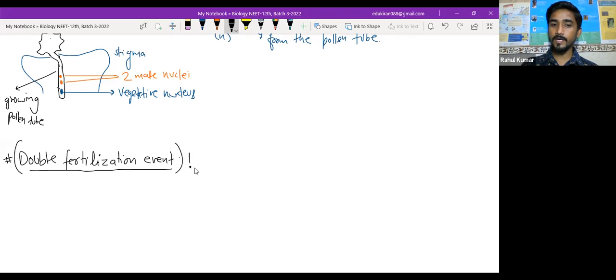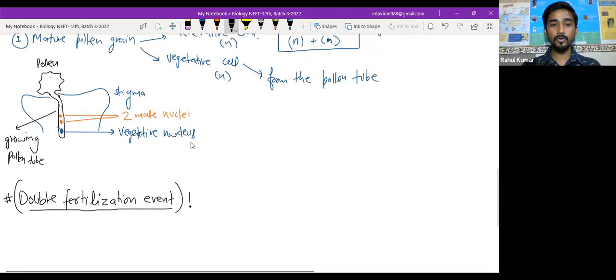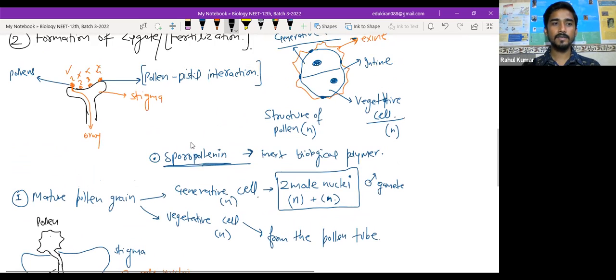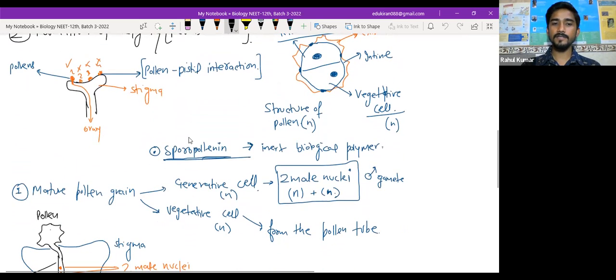There are two fertilizations happening simultaneously, in which one male gamete fertilizes the egg cell and the other male gamete fertilizes something else. Now, what is that something else? For that, I have to explain the embryo sac, and we will go to that tomorrow. Today, we have few minutes left, so I'll finish with this pollen part. Is it clear?